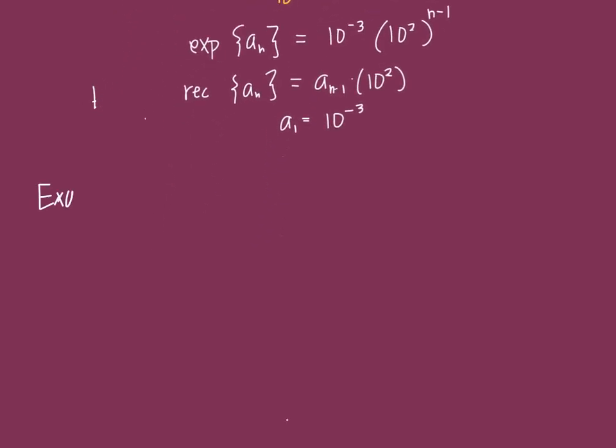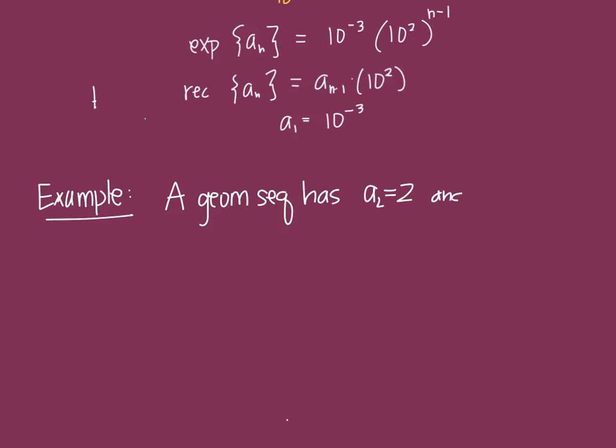Here's a little bit different example. What if we don't have all the terms in order? So what if we know it's a geometric sequence, and the geometric sequence has the second term to be 2, and it has the fifth term to be 54.